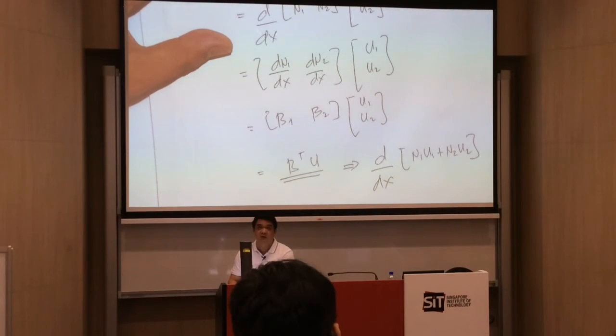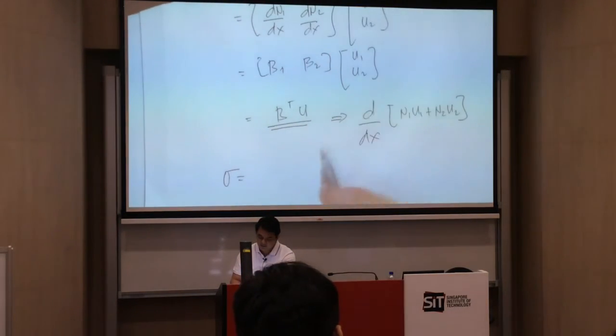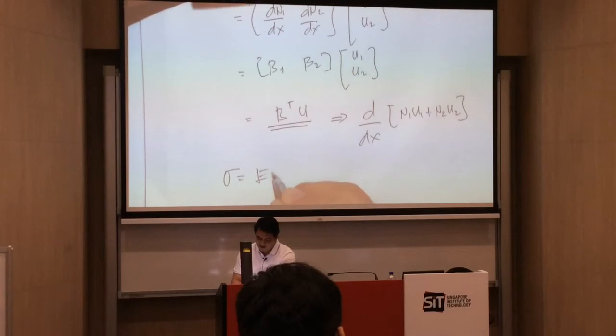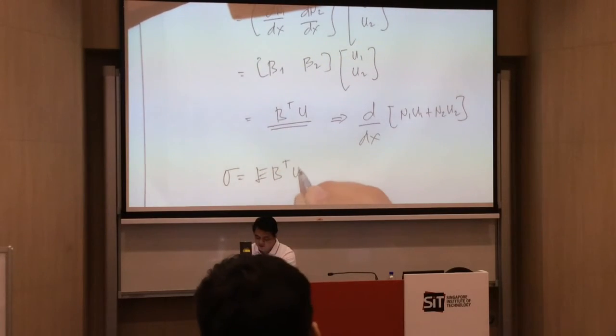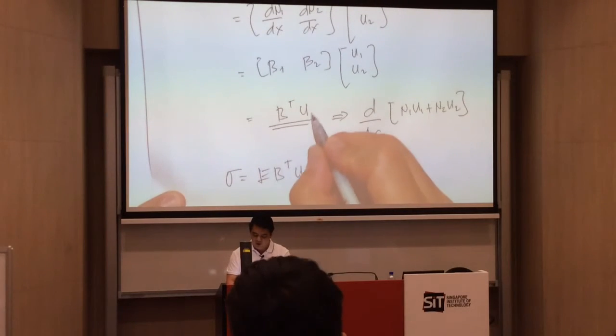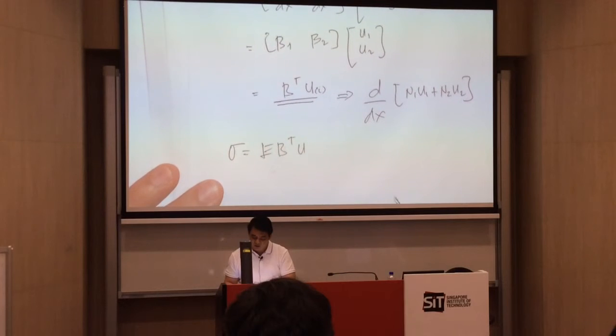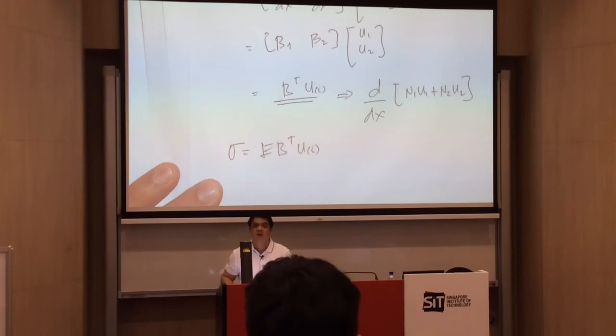So we have now your stress to be equal to E D transpose multiplied by your displacements. So this will be u1 u2. So I'll just put there ui, meaning u1 u2. Okay?